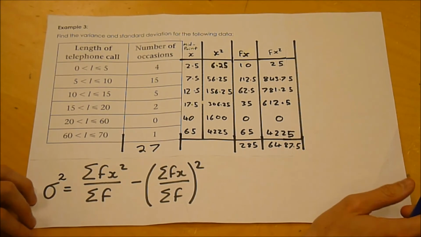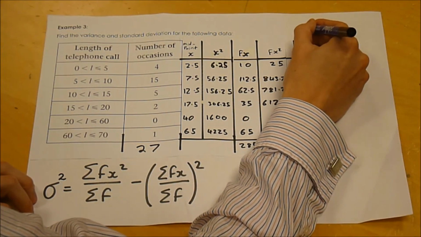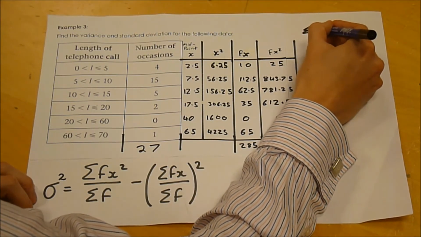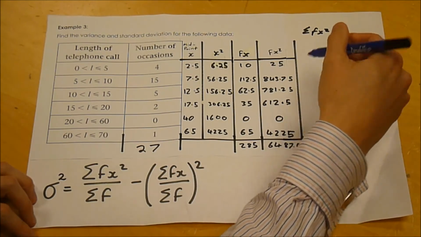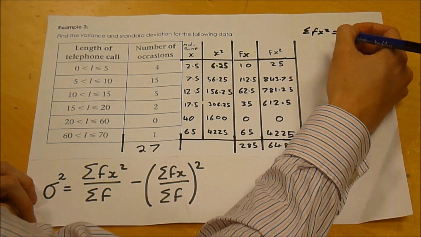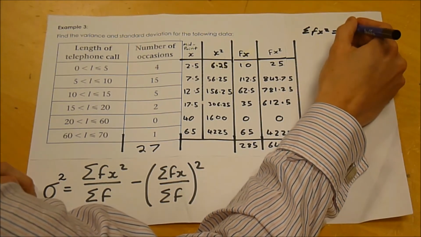So if we want to work out the variance first, I'm going to need the sum of f times x squared, and I've added them up to be 6,487.5.